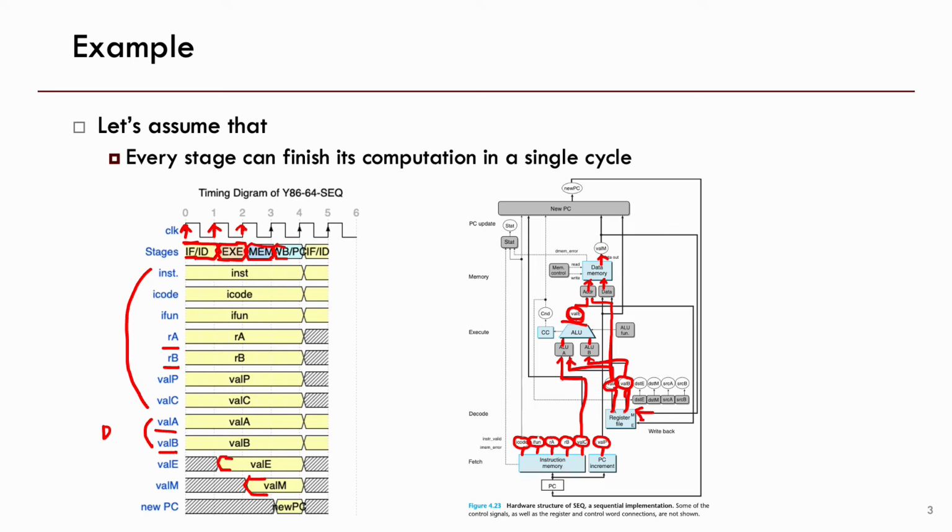The two inputs to the register file are val E, which is the output of the ALU, and the output of the data memory, val M. Val M and val E are available at cycle 3, so that's why we can start the write back stage at cycle 3.